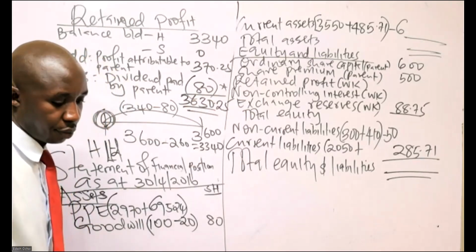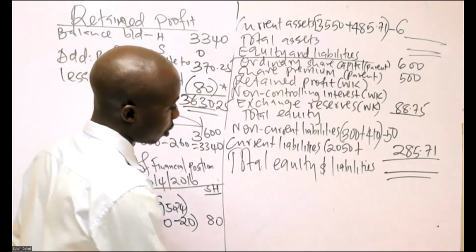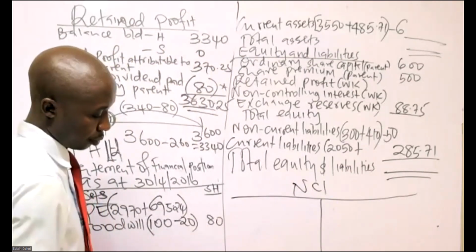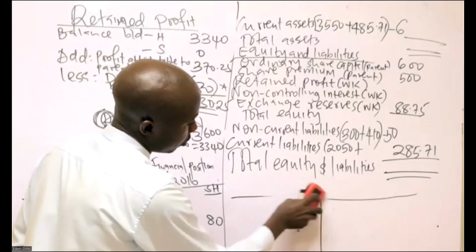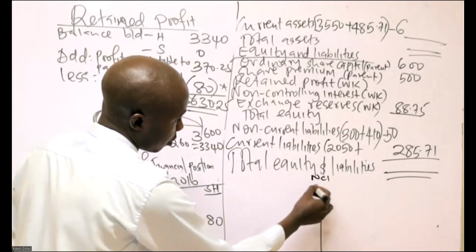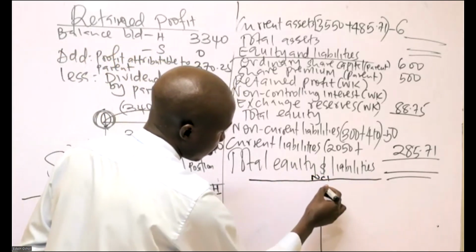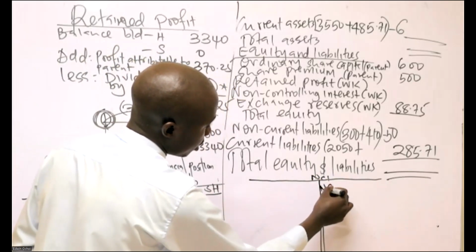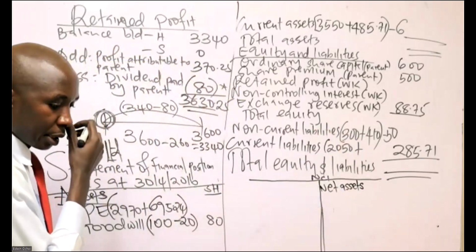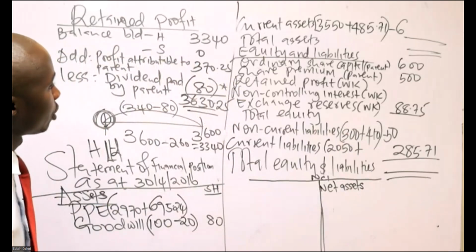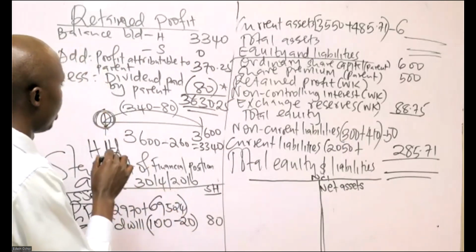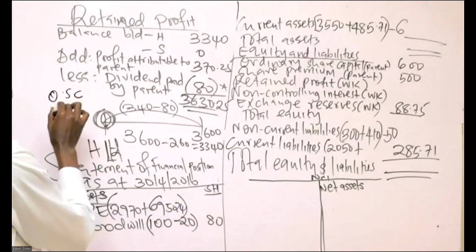So for the NCI, net assets. Under the translated statement of financial position, go to that part of equity. Take your ordinary share capital, share premium.